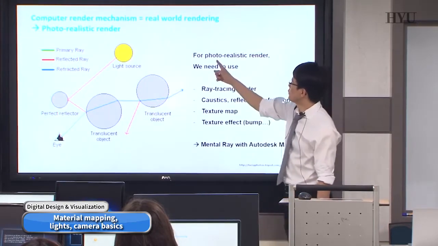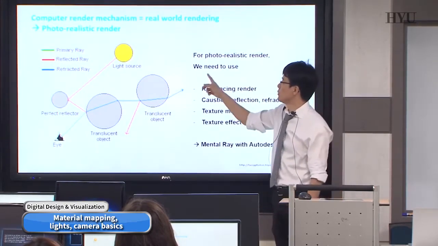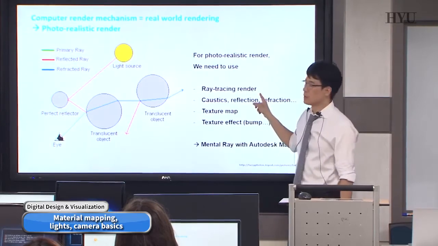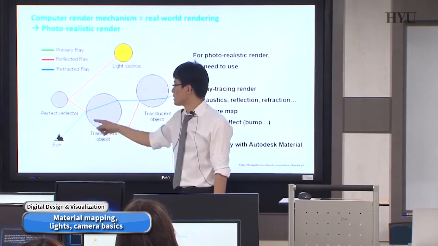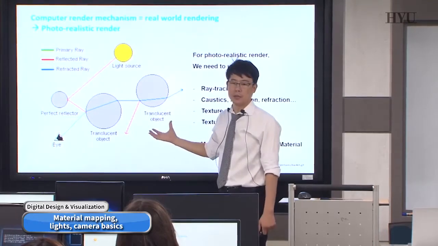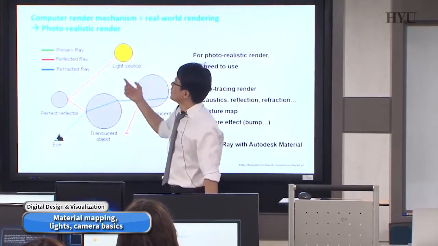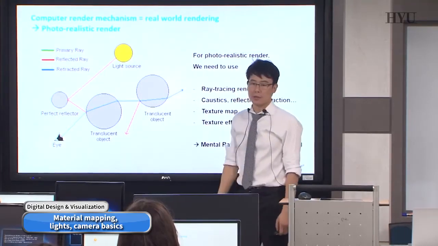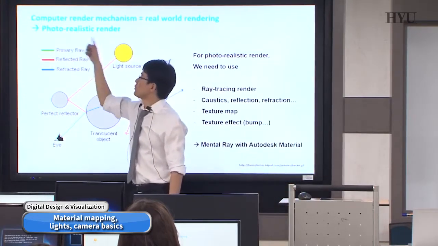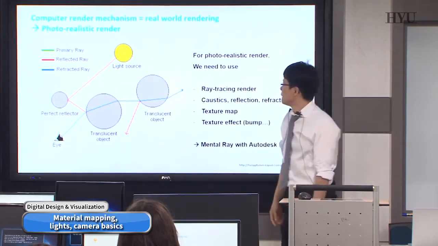Anyway, for photorealistic rendering, we need to use ray tracing render. This is ray tracing, okay? Only one single ray has this kind of complicated interaction. The computer render mechanism is equal to the real-world rendering mechanism. That is why we can get photorealistic render, okay?